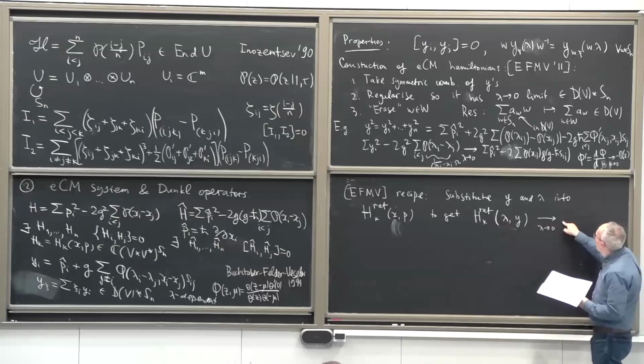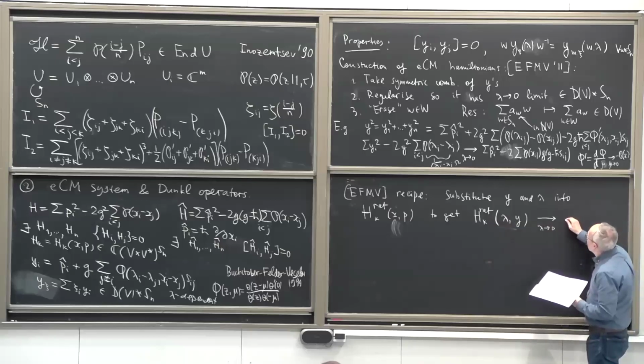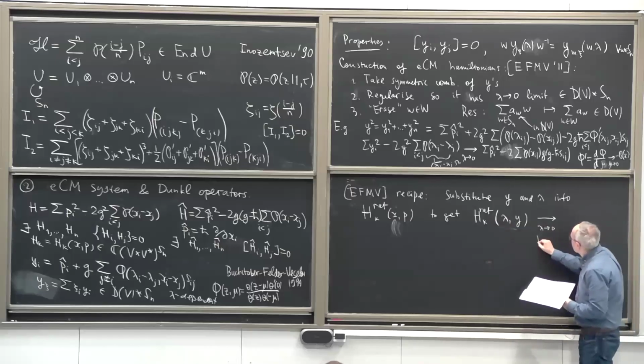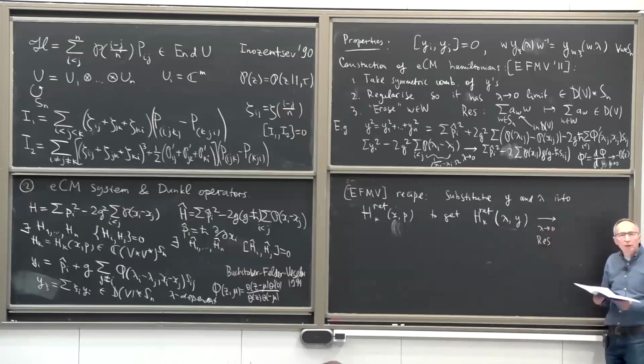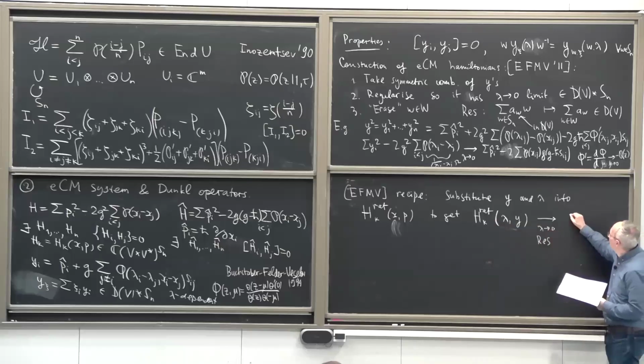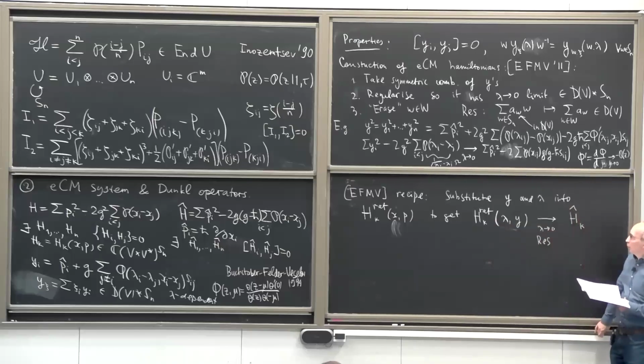And so if you go to here, you get something which... applying the limit lambda goes to 0, and then applying this restriction map produces these elliptic quantum Hamiltonians.